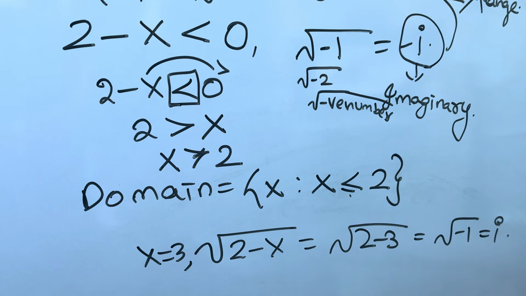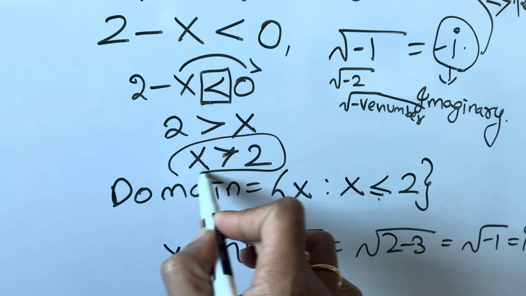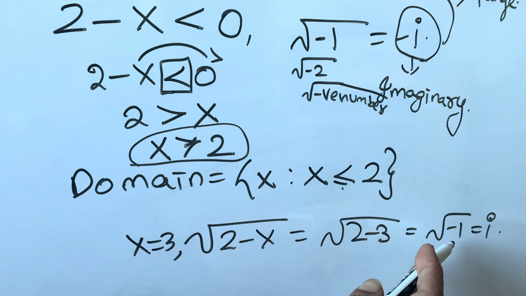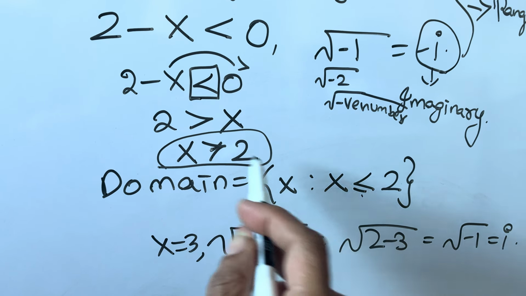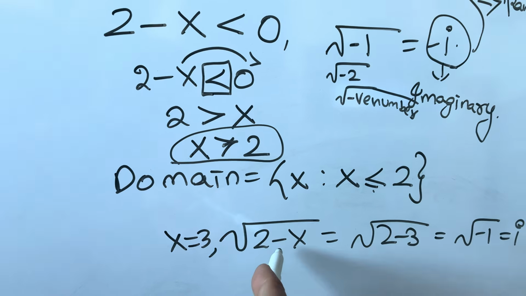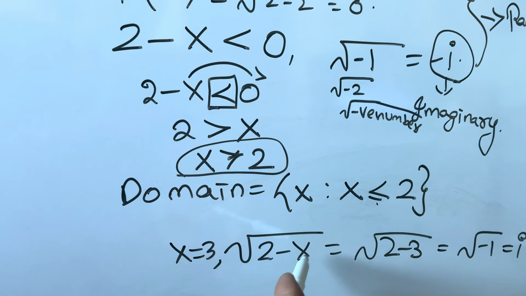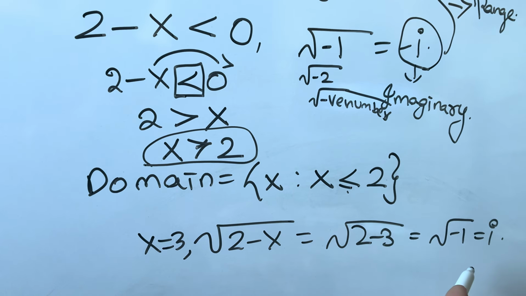So for the function values, whenever we are taking x values as greater than 2, we are going to get the imaginary values. Hence for all the other values, whichever value is less than or equal to 2, this function value will be having a good range value, which is not imaginary.